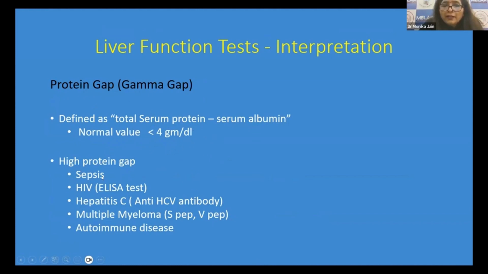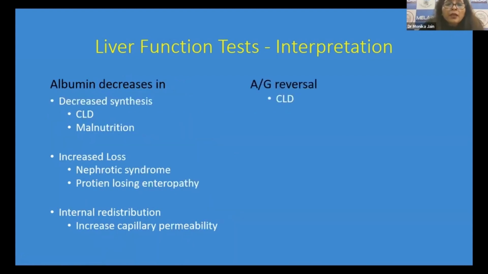Either we suspect sepsis, look for HIV, look for hepatitis C, and multiple myeloma can have an increase in gamma gap. In autoimmune diseases also, the gamma gap increases. So looking at this, we can suspect a number of conditions which we can confirm with further testing.